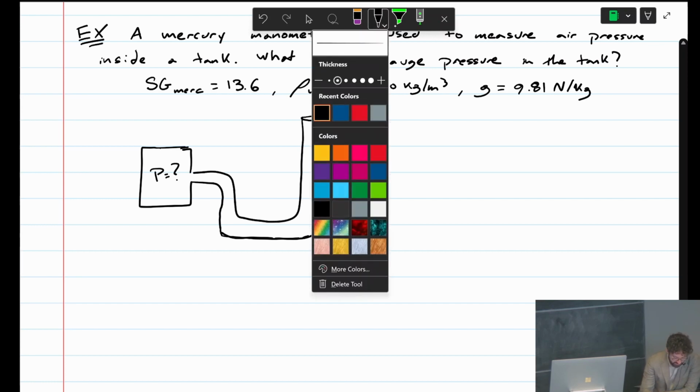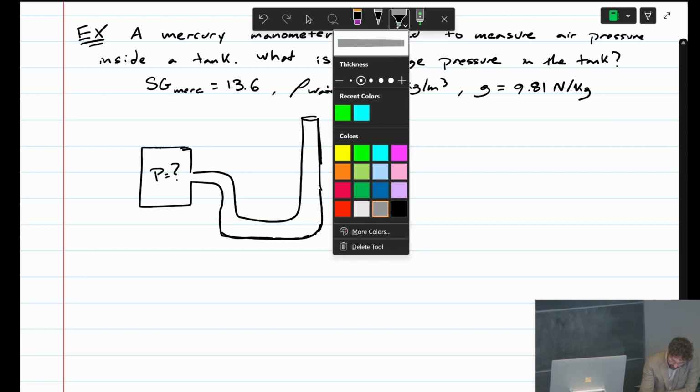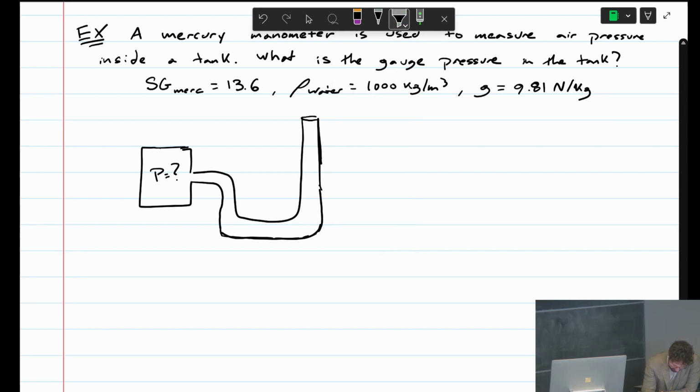You measure the height change of that column of mercury in order to calculate the pressure in the tank. So pretend that this tube here, this is called a U-tube manometer, by the way, the original U-tube. So assume that this is filled with mercury.